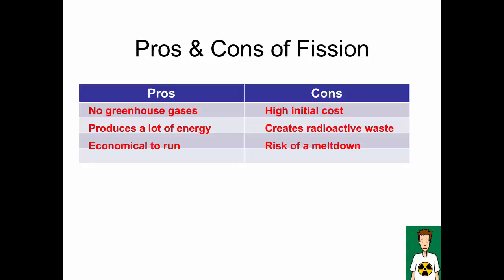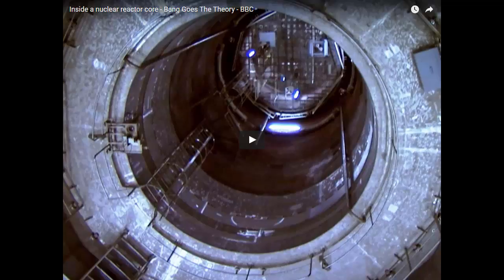There's no way to remove the radiation from them, so they remain radioactive. There's proposals to bury them deep in a mountain that's in a geologically stable area and just let them sit there. Some people propose sending them to space, but there's really not a great way of getting rid of that radiation. This is what a nuclear reactor core looks like.